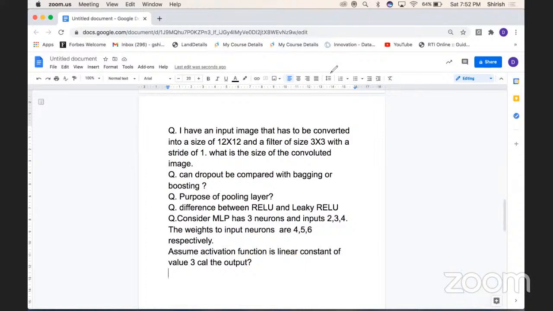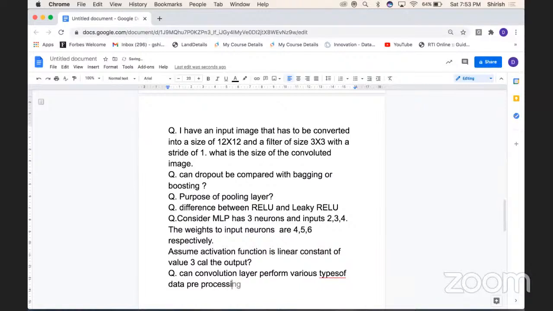Can the convolution layer perform various types of data pre-processing?